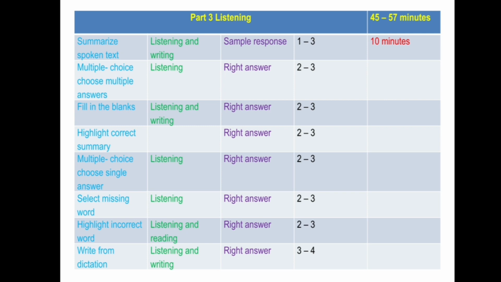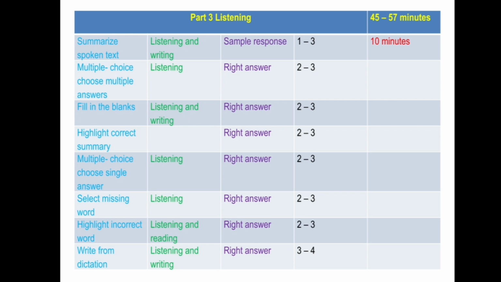And here you have to select the word which is spoken incorrectly, or which is not matching the text which is in front of you on the computer screen. Listening and reading, 2 skills are being assessed. If you get all the right answers, you will be given score. And for this item type, you have 2 to 3 item types to score.